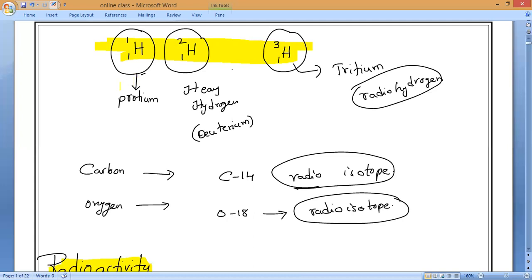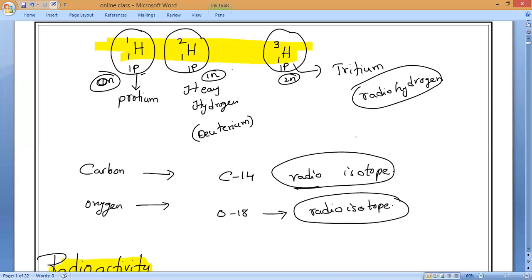So if you take hydrogen, everywhere one proton is present, but here 0 neutrons, here 1 neutron, and here 2 neutrons. So due to this only, they are called isotopes.